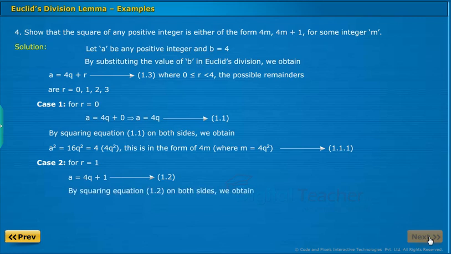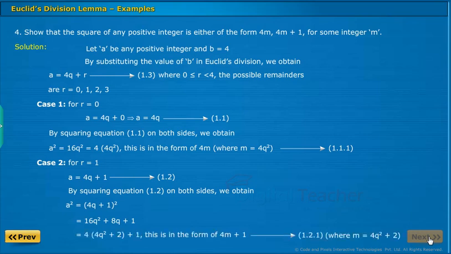By squaring equation 1.2 on both sides, we obtain a square is equal to 4q plus 1 whole square, which is equal to 16q square plus 8q plus 1, which is in turn equal to 4 into 4q square plus 2q plus 1. This is in the form of 4m plus 1, where m is equal to 4q square plus 2q.